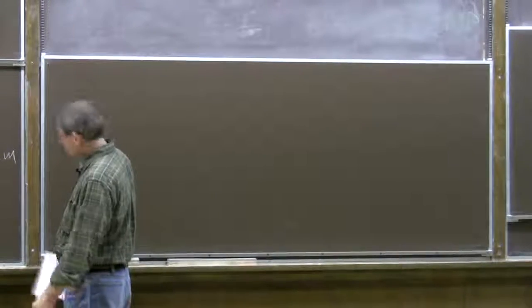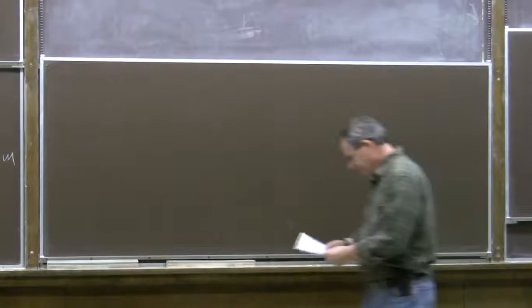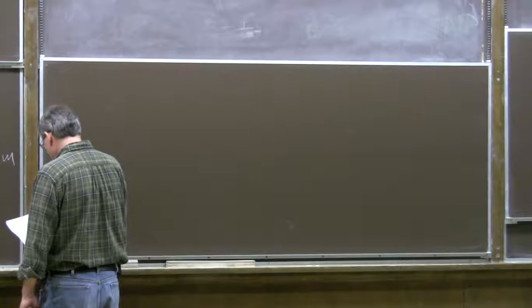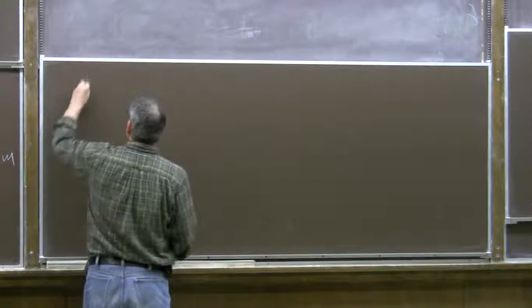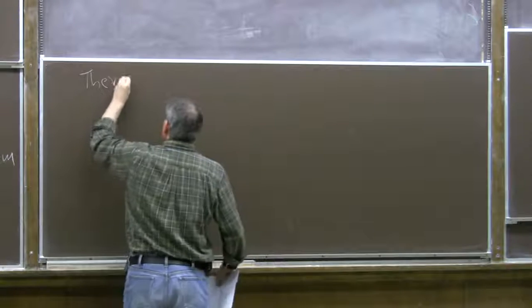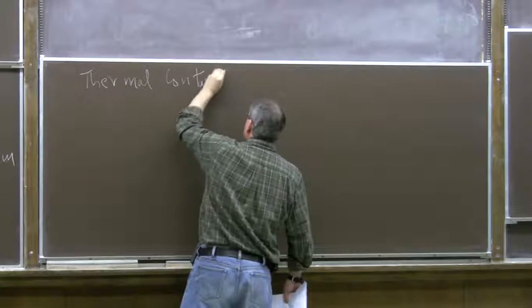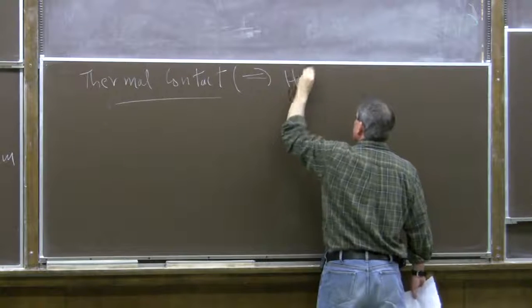Actually, let's just back up and remember for a moment, since I guess we haven't talked about it for a few lectures, the corresponding statement for the case of thermal contact, which led us to the notion of Helmholtz free energy.